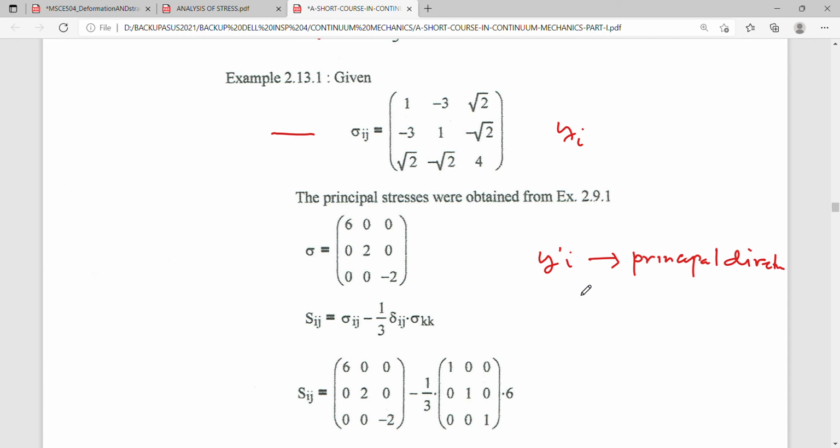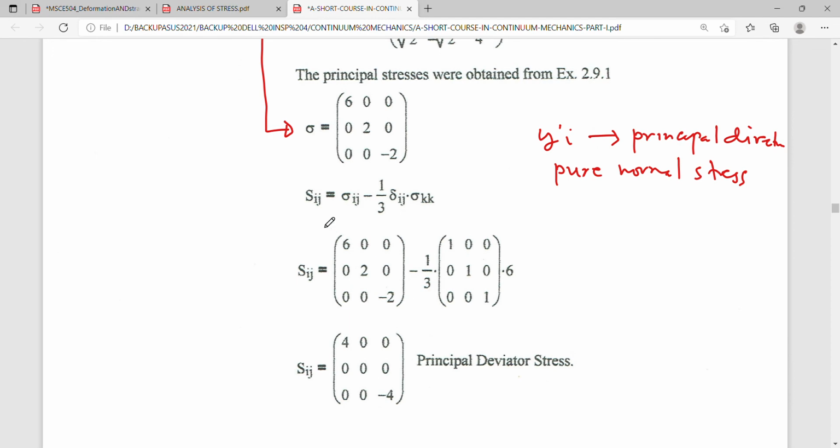So you are now in a pure normal stress state. Again, it is not necessary to convert the tensor to a principal stress tensor. You can get the deviatoric and the volumetric part of this original tensor if you want. But of course, it will be simpler to interpret in terms of the principal directions.